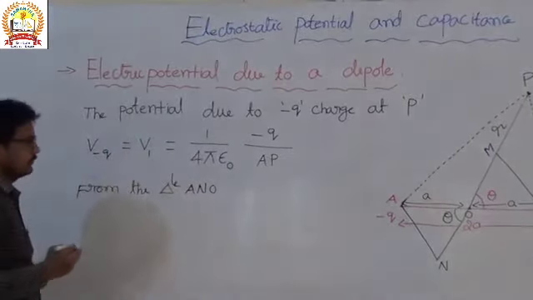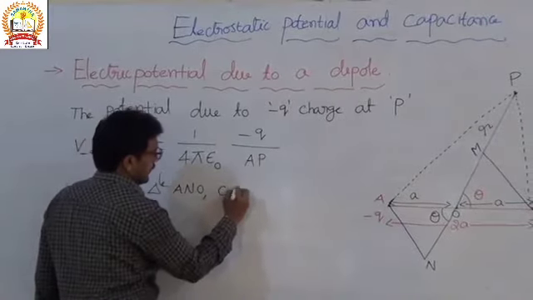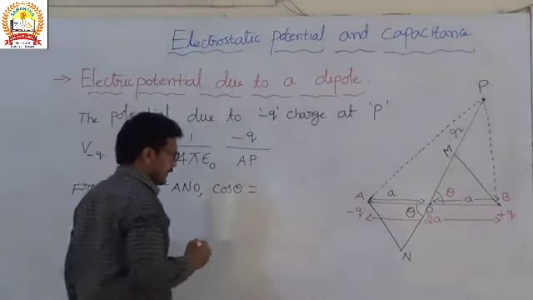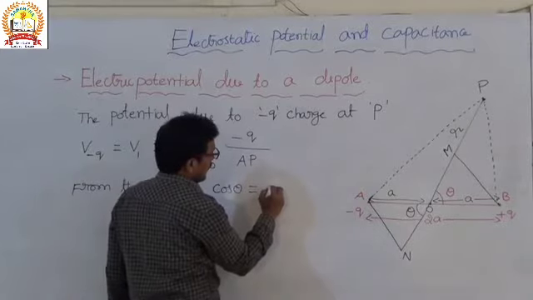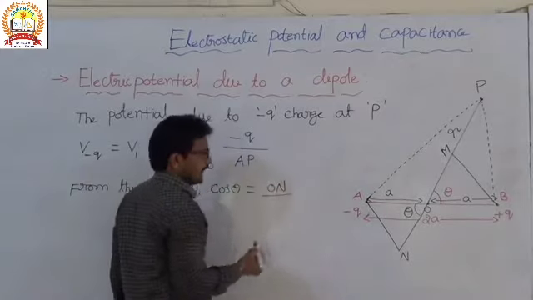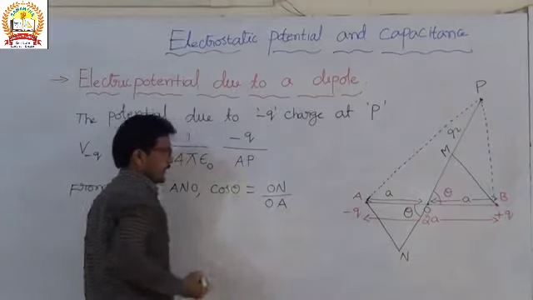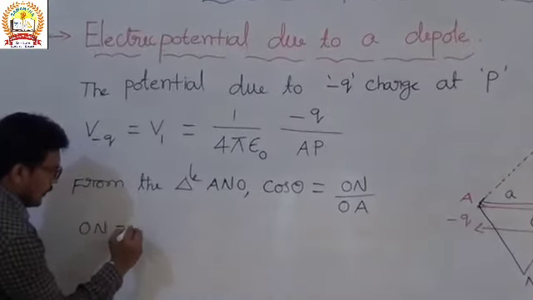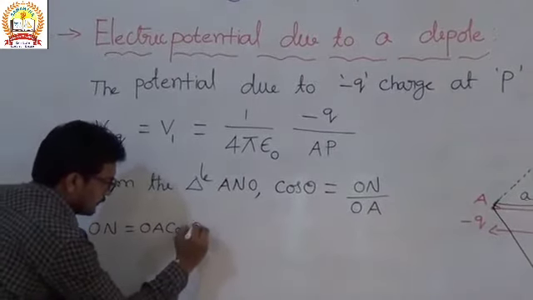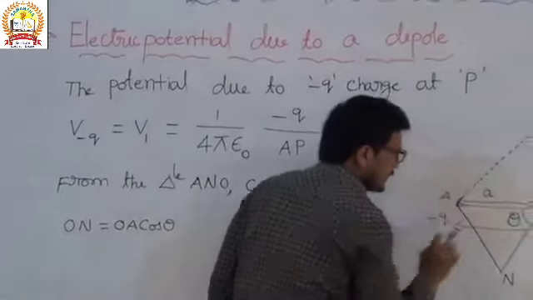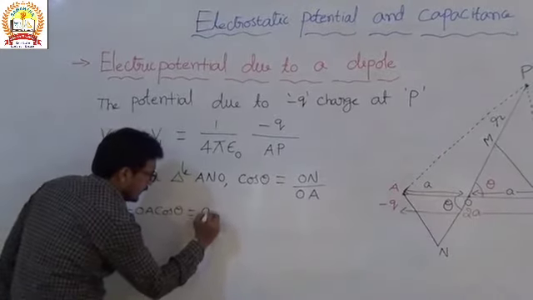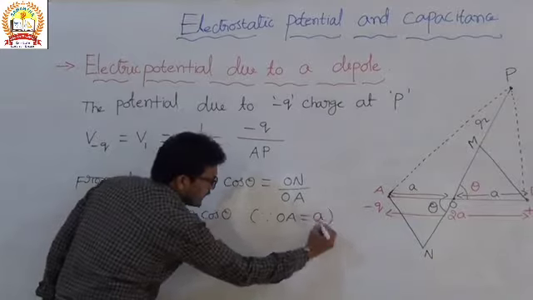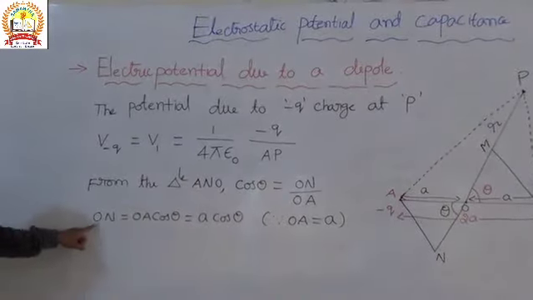From the triangle ANO, cos theta is equal to, we know that cos is adjacent by the hypotenuse, and the adjacent is ON divided by the hypotenuse, that is OA. Then ON is equal to OA cos theta, and we know the distance from O to A is small a, so it is equal to a cos theta. This is the distance ON.